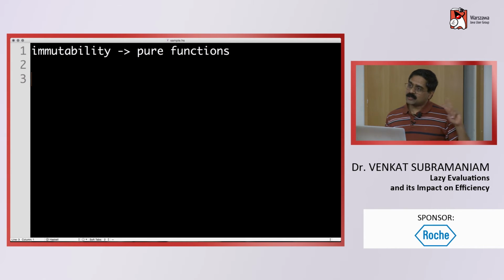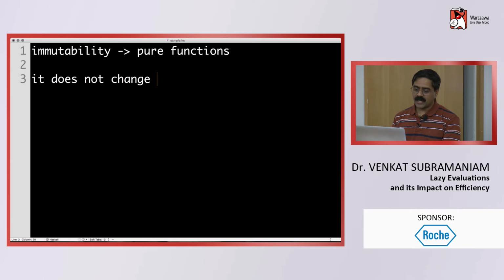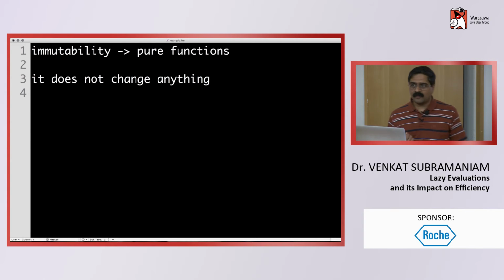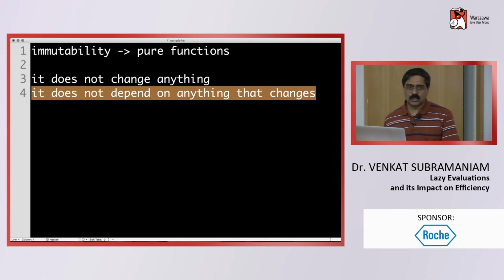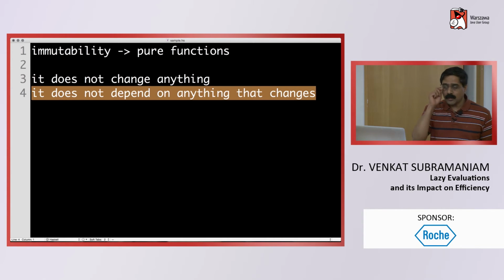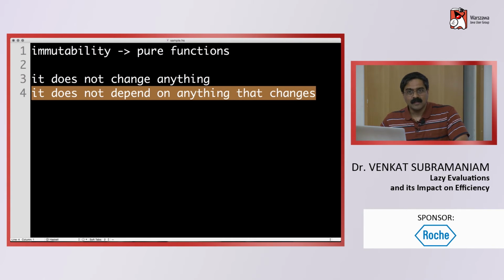So there are two things to consider about pure functions. First, it does not change anything. But that's not enough. There's something equally important: it does not depend on anything that changes. Now, this may be a little steep, but it is extremely important. You are not a pure function just because you didn't change the world around you.